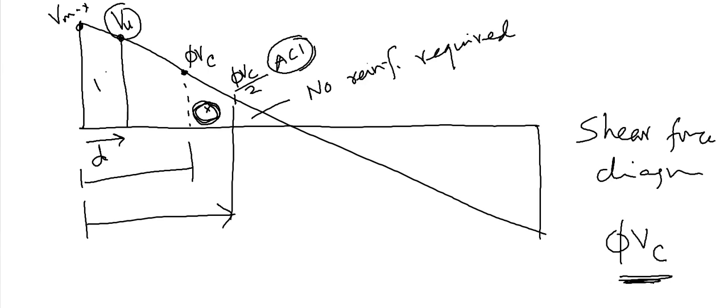So if I give it name 1, name 2, name 3, name 4, in region 1 we will not calculate shear reinforcement because my shear failure is not here. Whatever spacing we select here, we will paste here. Then we will calculate our spacing here also. Here we do not need any reinforcement.